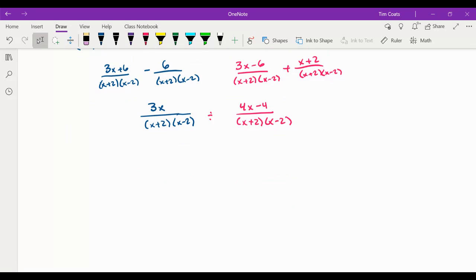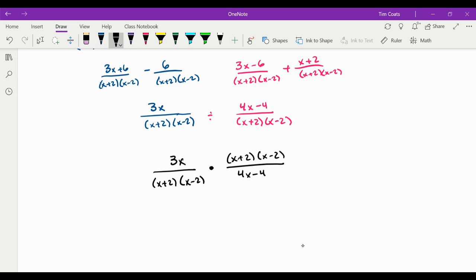Now I'm going to switch to all one color because now they're going to be one thing. So 3x over x plus 2, x minus 2, multiplied by x plus 2, x minus 2, over 4x minus 4.